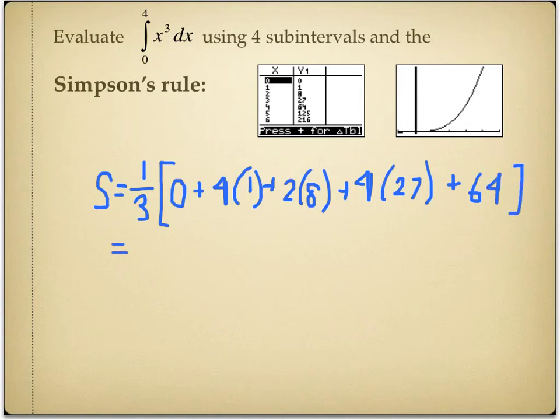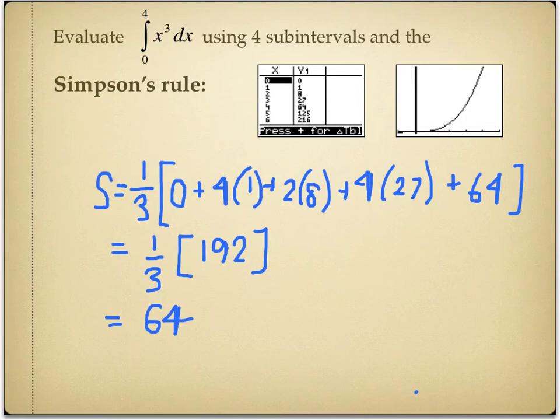So if I calculate this out, that should be 1/3. Adding all the stuff up in the brackets, I believe, is 192, and 1/3 times 192 ends up to be 64. So this is a little bit less area than we saw before with the trapezoids. Which one do you think is correct?